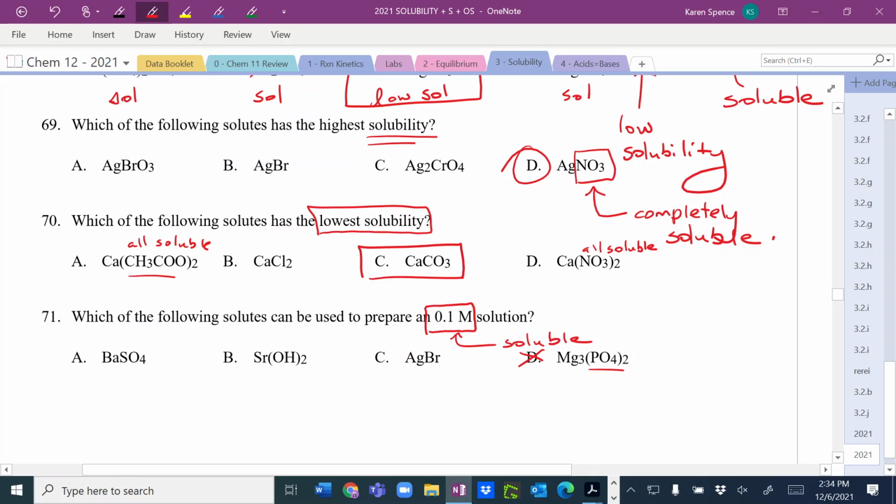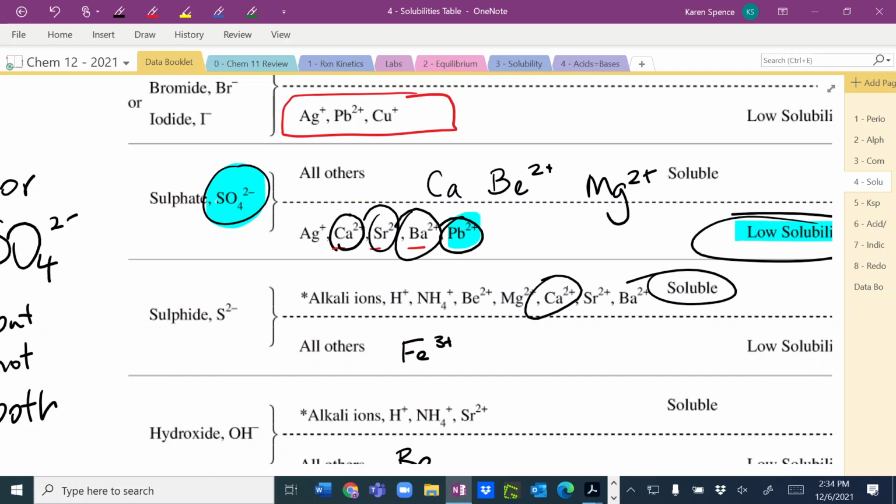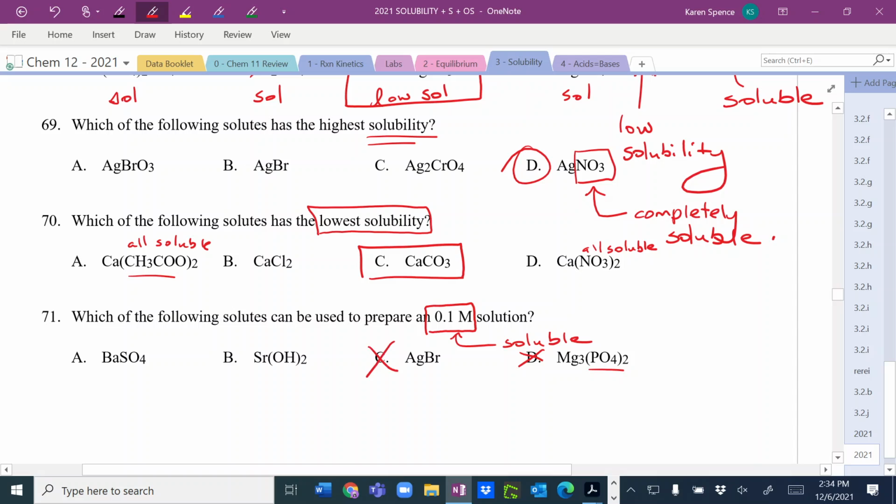How about silver bromide? Do you know that one? No? Okay, let's look up silver with bromide. It's not soluble, okay? Silver and bromide are not soluble. So not that one. Now we have a choice between barium sulfate and strontium hydroxide.